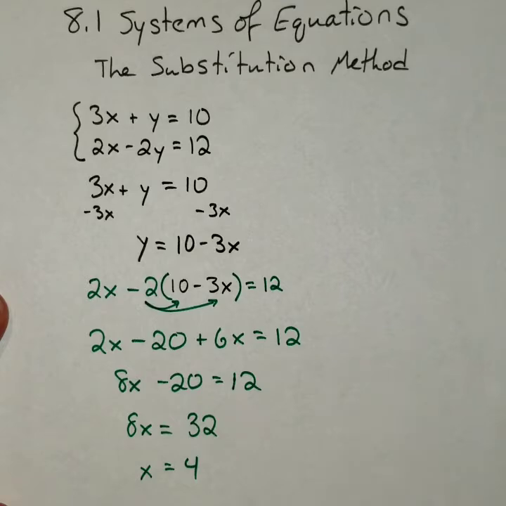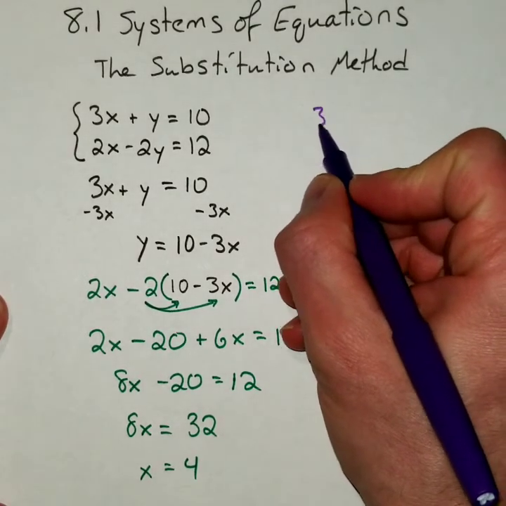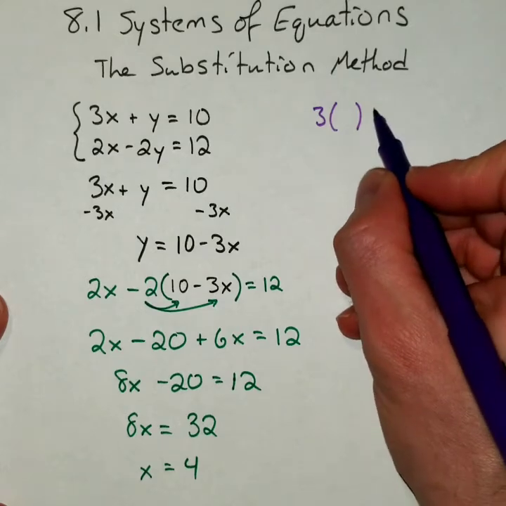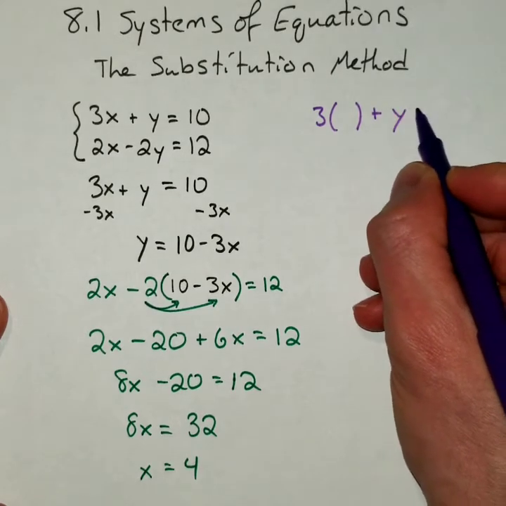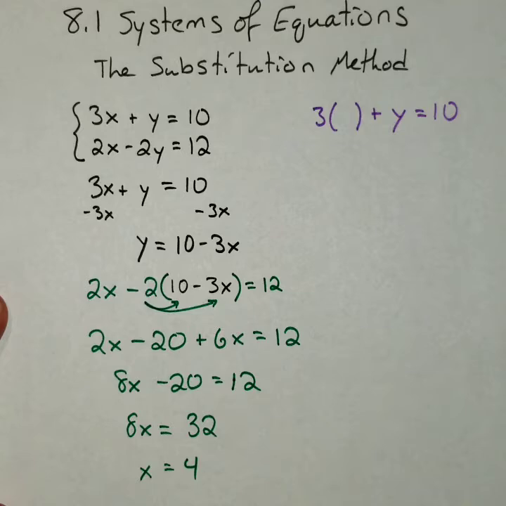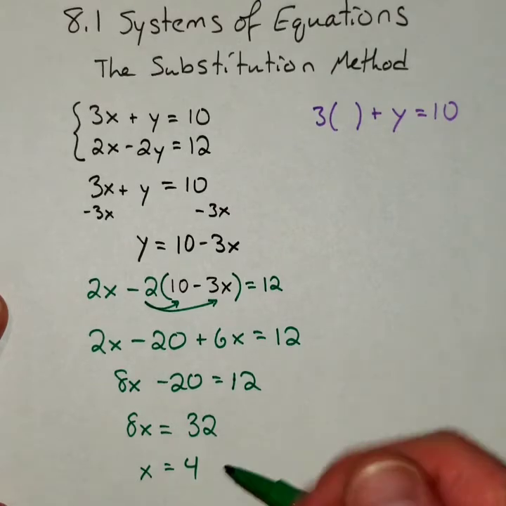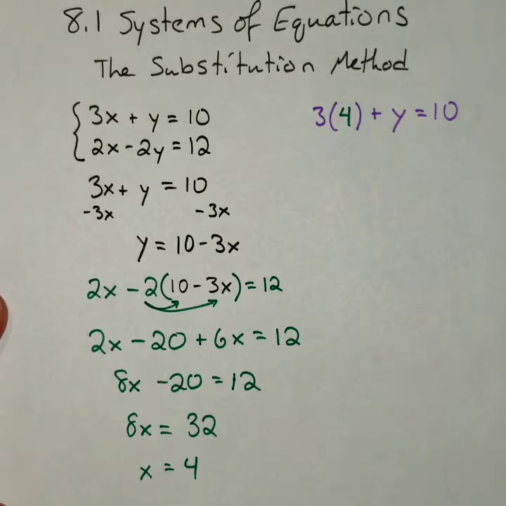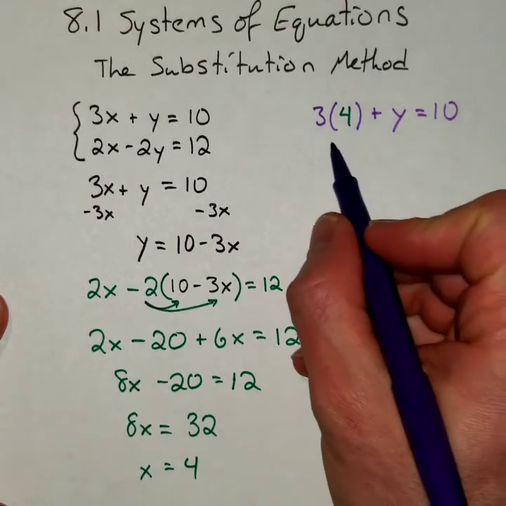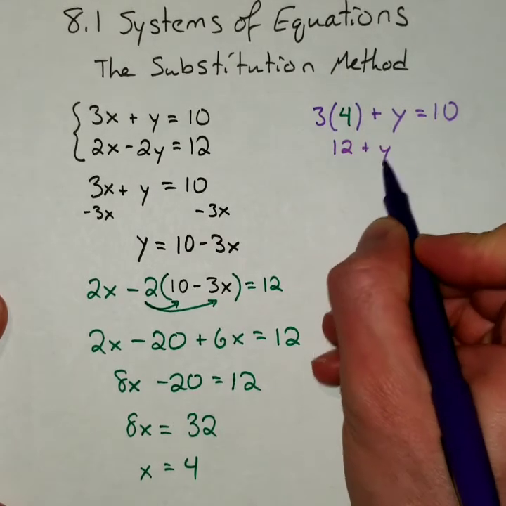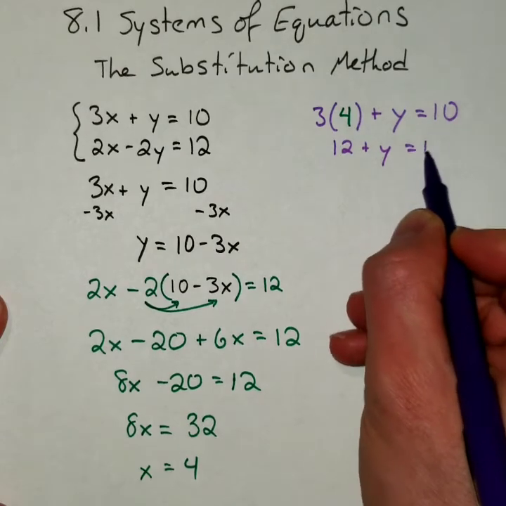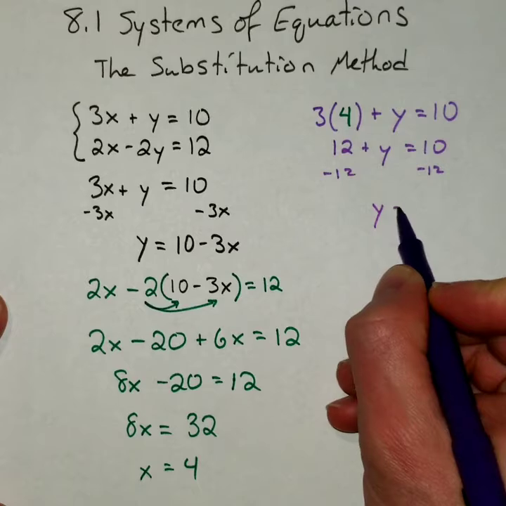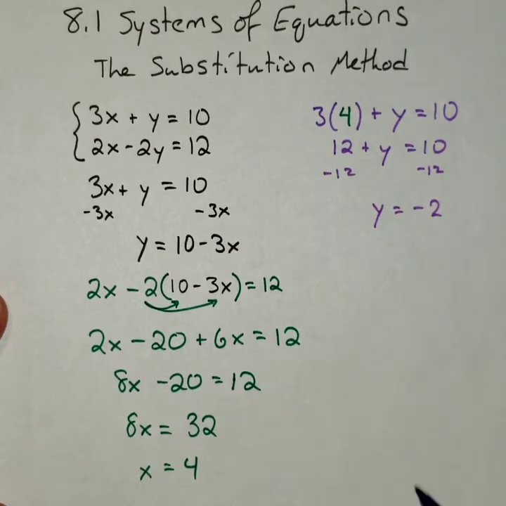So let's go with 3 times my number for x plus y equals 10. My number for x was 4, so I'll put a 4 up there. And then we just simplify this. 12 plus y equals 10. Subtract the 12, and y would be a negative 2.